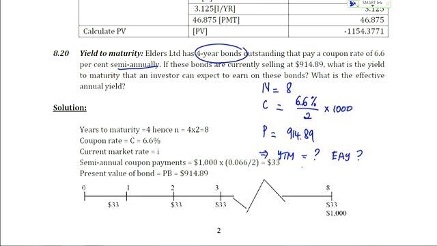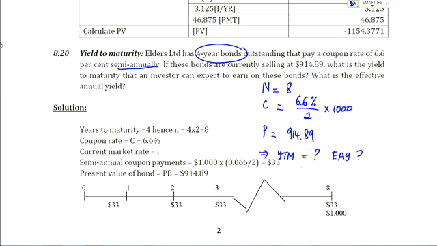You can simply draw a timeline again. If you bought the bond, you are going to receive $33 coupon every half a year, which is 6.6% divided by 2 times 1,000. Right? So the coupon payment every half a year to the end of year 4. And at the end of year 4, there will be $1,000 face value returned to the investor.